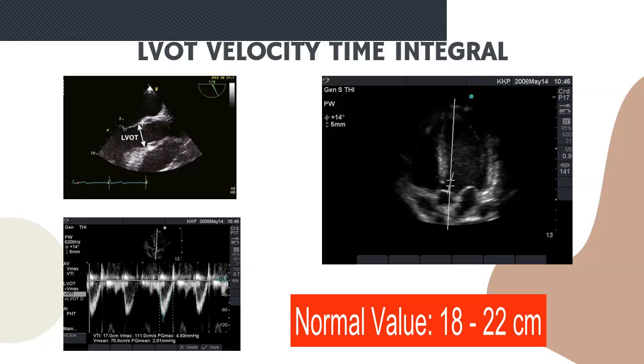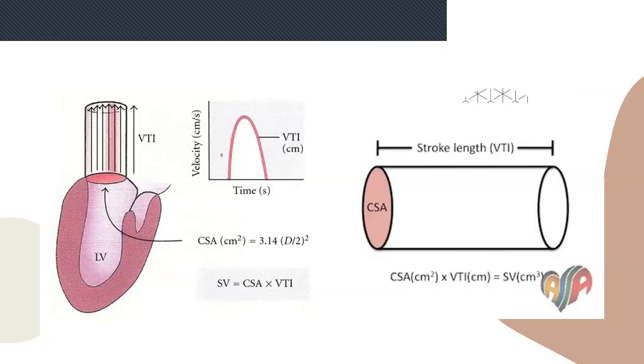So that is a constant. No matter if you measure before fluid bolus or after fluid bolus, the diameter of your LVOT is going to be the same. It's not going to change. So if you look at the formula, stroke volume equals the cross-sectional area times velocity time integral. So if your cross-sectional area is going to be a static parameter, it's going to be the same.